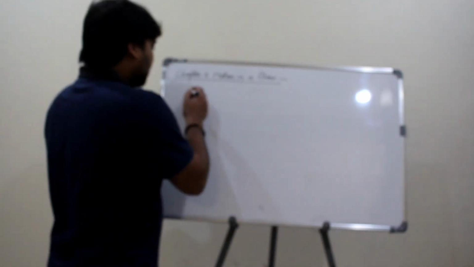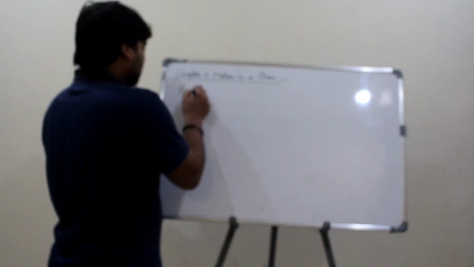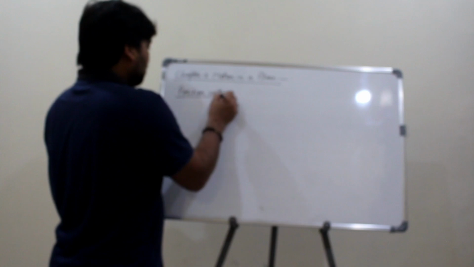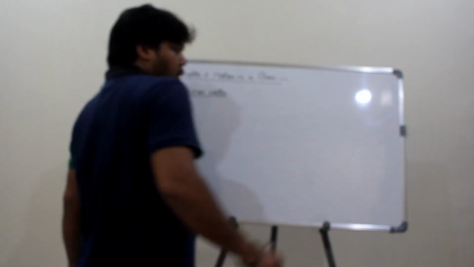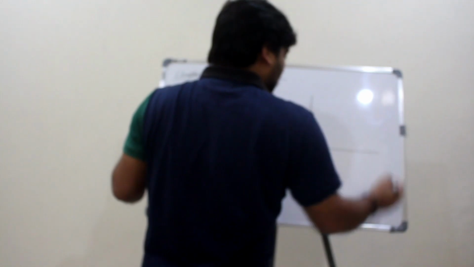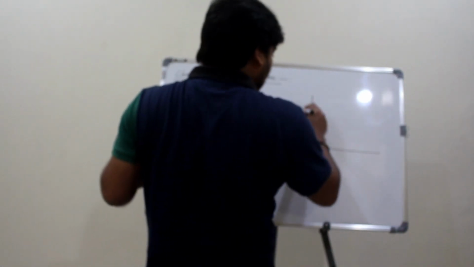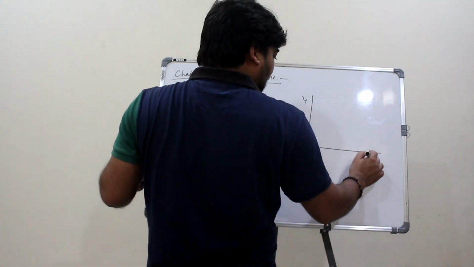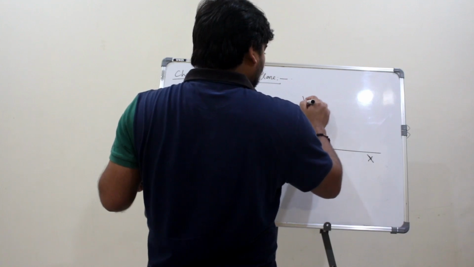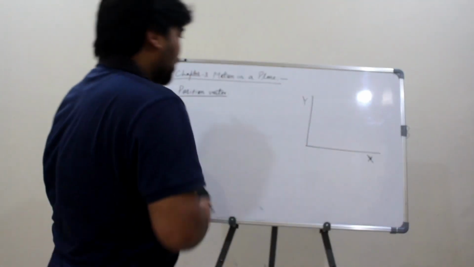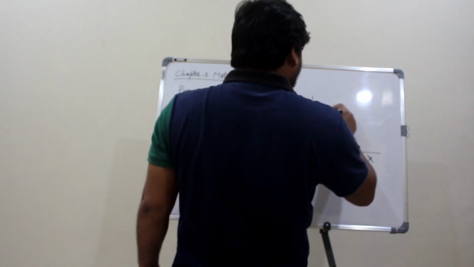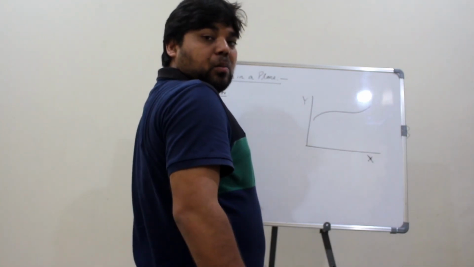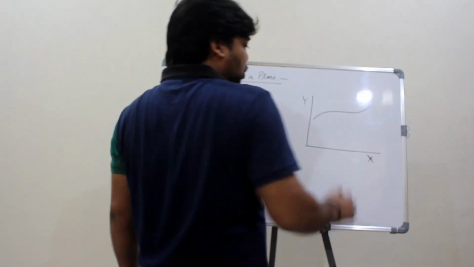Now let us talk about the position vector. So what is position vector? Let us take a simple graphical representation to understand it. You take this as y and this as x, right? And you have a graph like this, which represents a trajectory of motion of a particle in 2 dimensions.